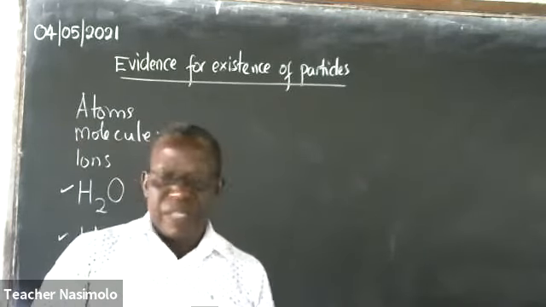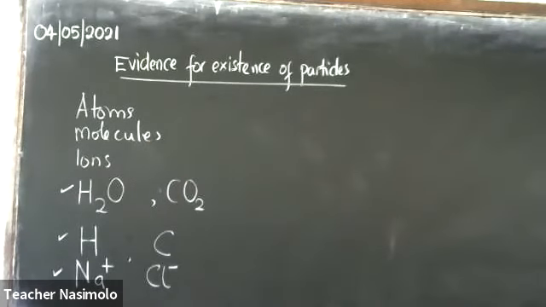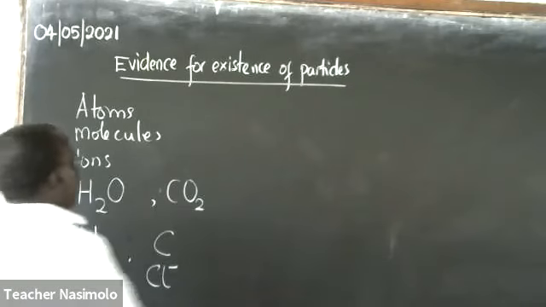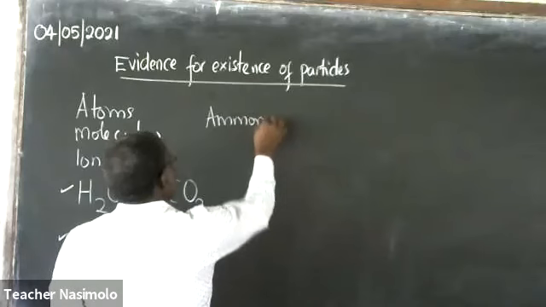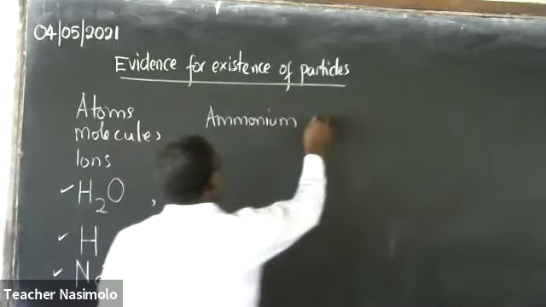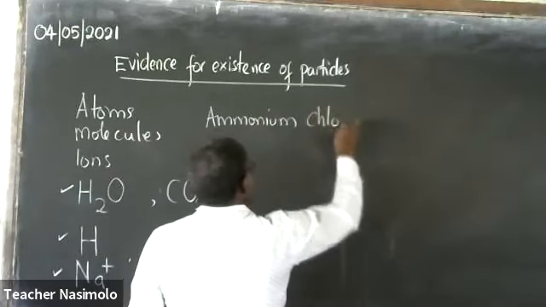Now, when we put them together, then they form those dense white fumes of a compound called ammonium chloride.